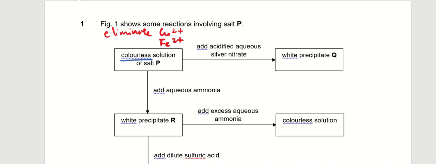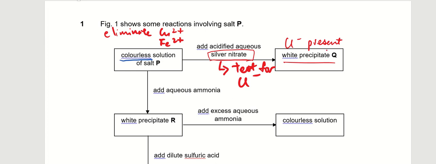Okay, so it tells you that you add acidified silver nitrate. Now, adding silver nitrate is usually a test for the chloride ion. Okay, so testing for chloride ion, you get a white precipitate, which means chloride ion is present, because silver nitrate is used to test for the presence of the chloride ion.